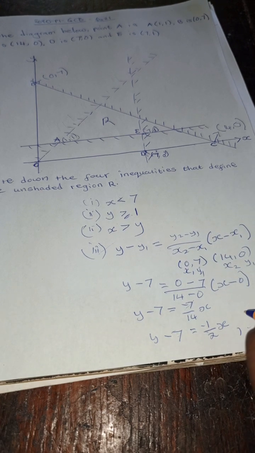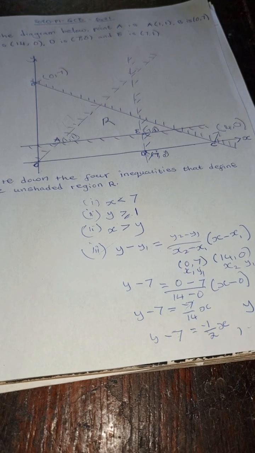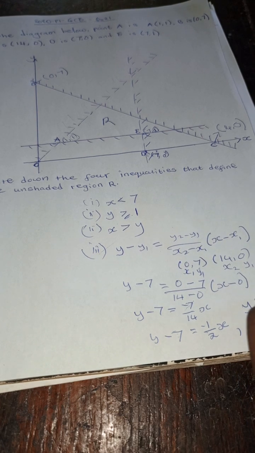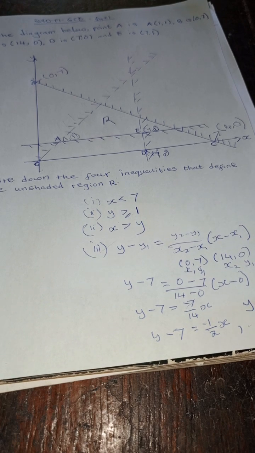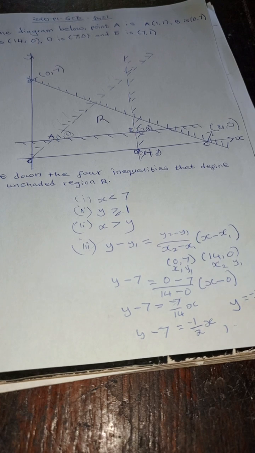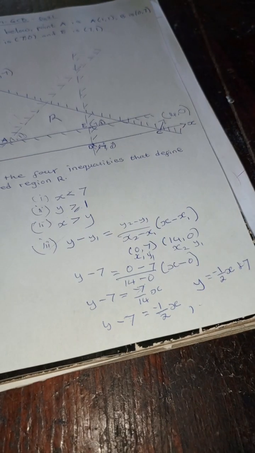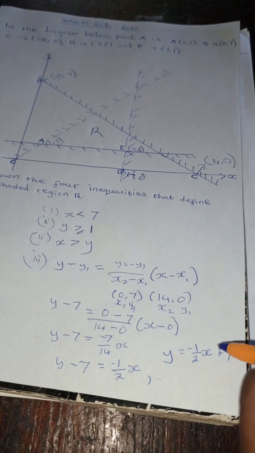So therefore our final answer will be y is equal to negative 1 over 2 x plus 7. When the 7 comes to the other side, it becomes positive.